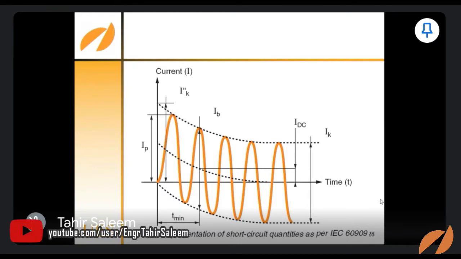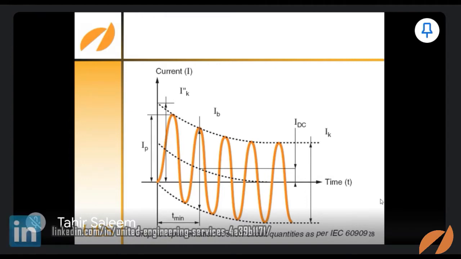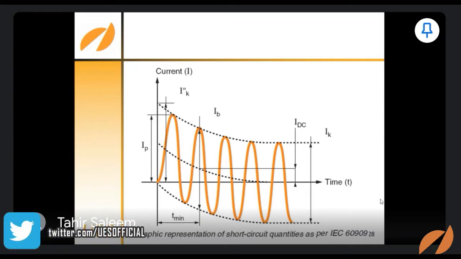And when a steady state condition comes in, a DC component and the RMS value of the DC current also come in. I will simplify all these things with a simple calculation of how to calculate this short circuit current so that you can select your protection system accordingly.